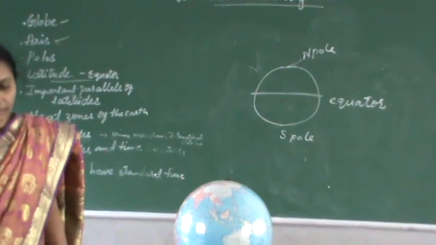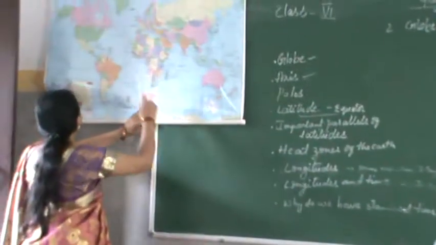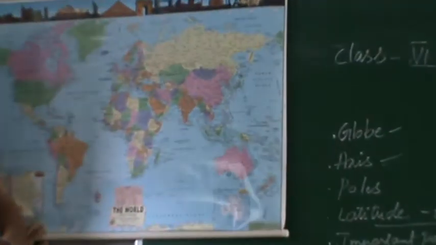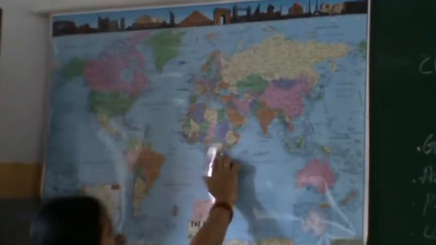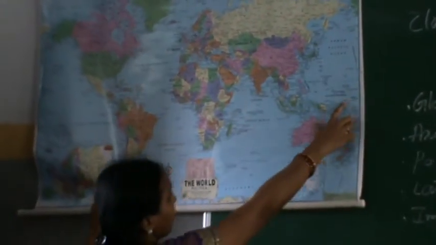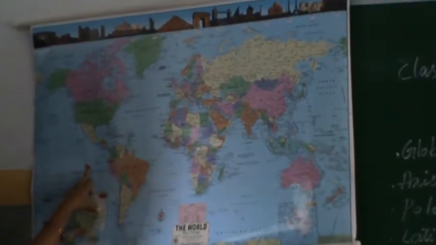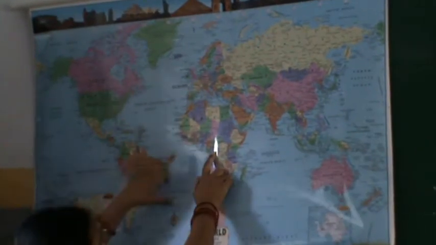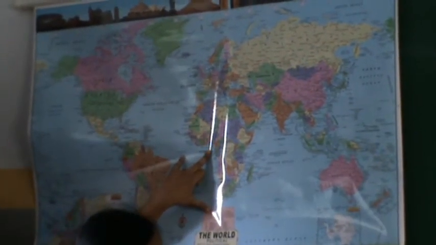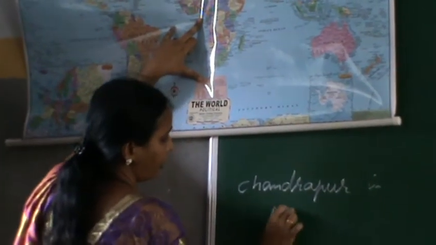For example, Chandrapur in Maharashtra. Here, this line is imaginary. This is the equator, 0 degree. Can you see? Here we are talking about Chandrapur in Maharashtra state.